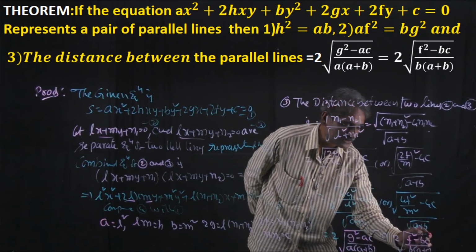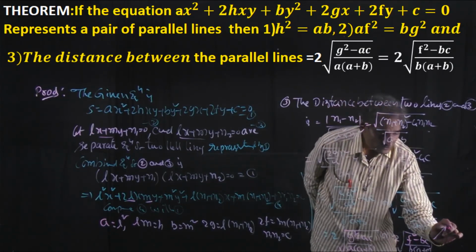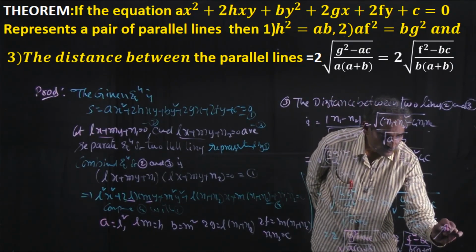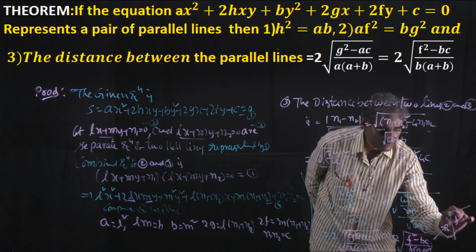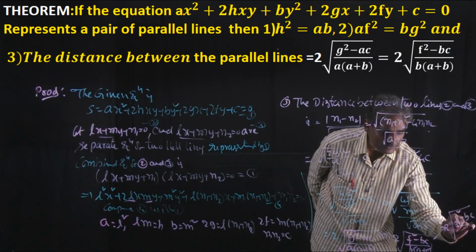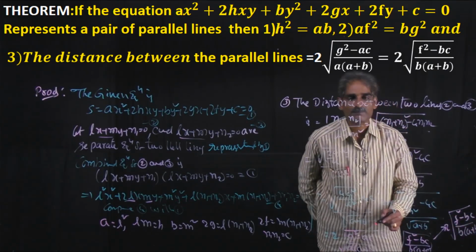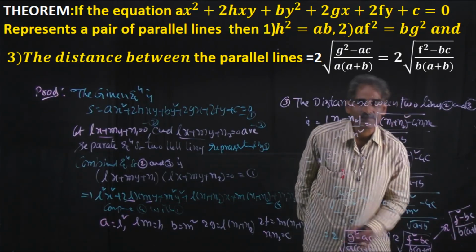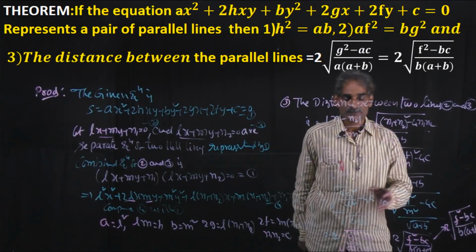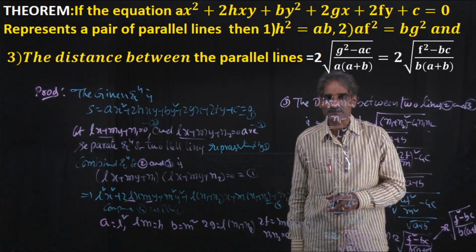So this is nothing but, just see here, 2 into root of f square minus bc by b, into a plus b, divided by root a plus b. This is the way how to find the distance between the parallel lines. Okay.